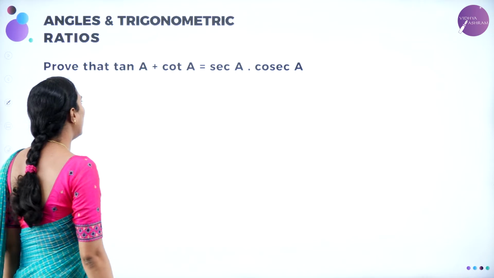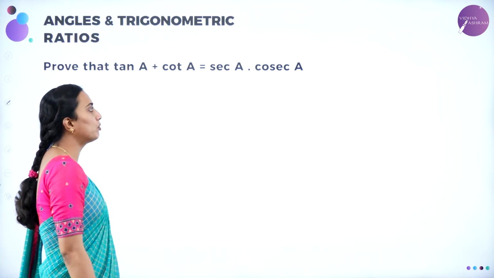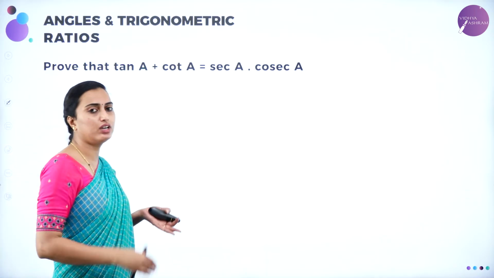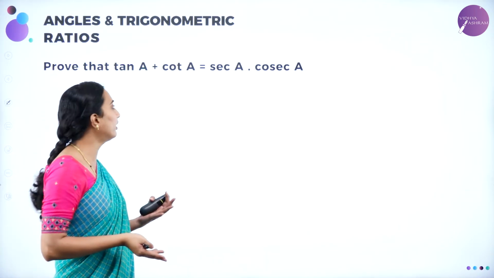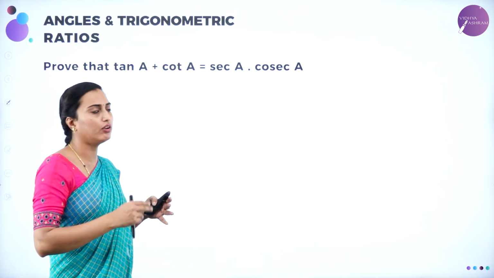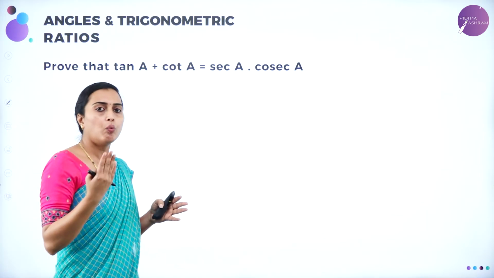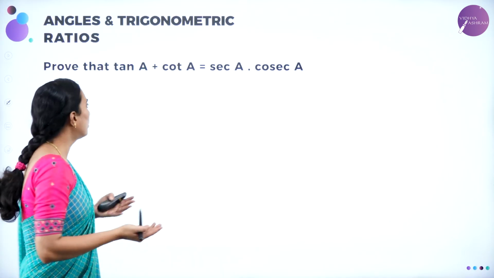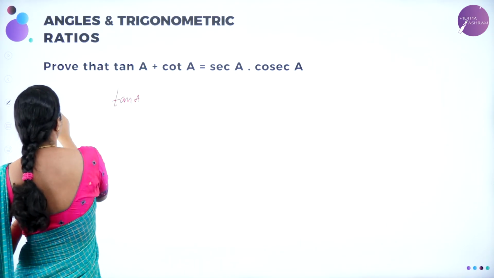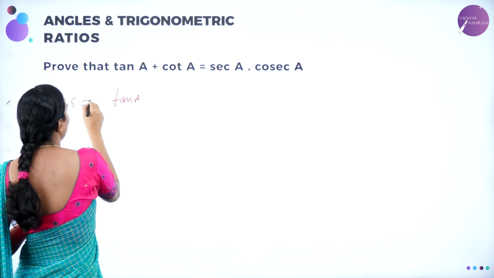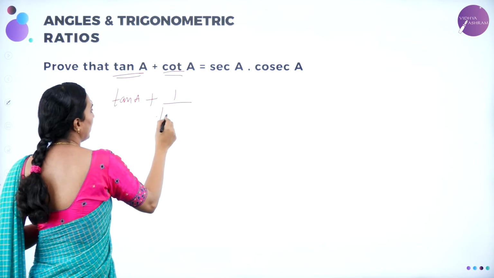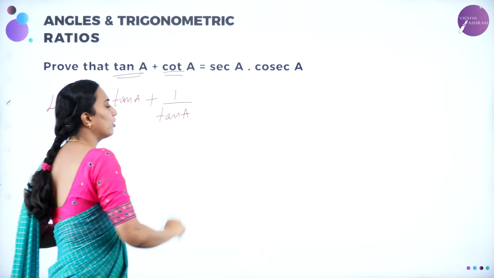What they've asked: prove that tan A plus cot A is equal to secant A into cosecant A. So, tan A can be written as what? Sine by cos. Cot A can be written as 1 by tan A. Here I am going to take the LHS with tan A as it is, and this cot A I am going to consider as 1 by tan A, because the reciprocal of tan is cot.